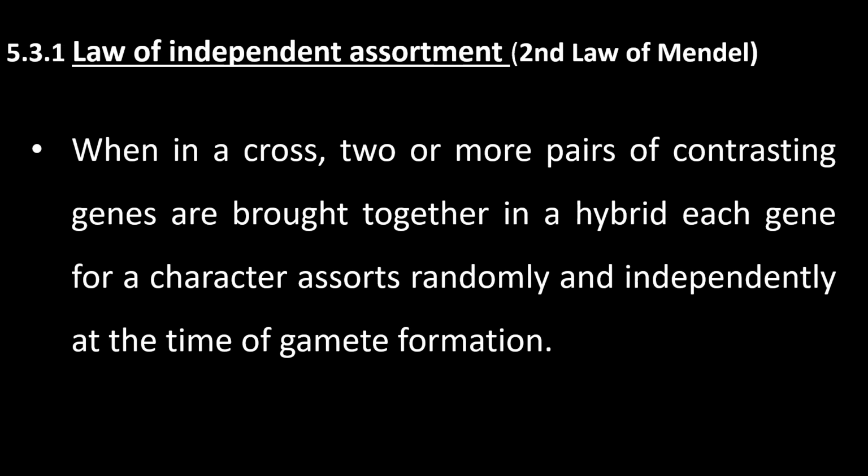So this is the second law of Mendel, which is also called law of independent assortment. So there is no mixing of the character. Therefore, Mendel put forth the law of independent assortment.